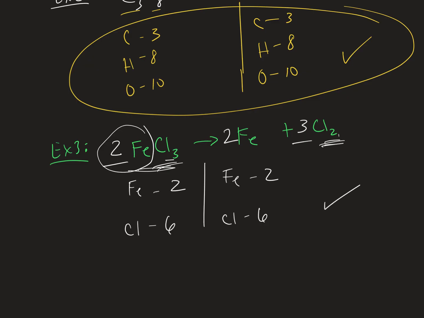So it's always pairs. It cannot be 3 or 1 or 5. It has to be 2, 4, 6. Because we have 2 there.